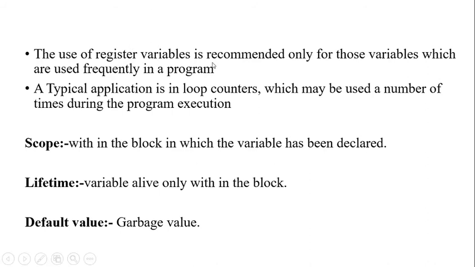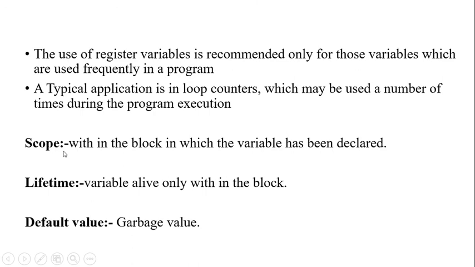The use of register variables is recommended only for variables which are used frequently in a program. So in programming, which type of variables do we use frequently? We frequently use loop counters, isn't it? A typical application is in loop counters, which may be used a number of times during program execution.